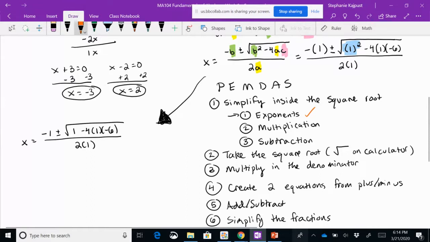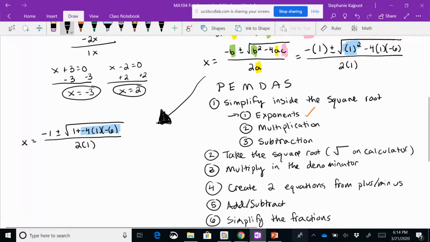Next is the multiplication, the 4 times 1 times -6. So this part right there. That minus in front, you can think of that as a -4. So what might be helpful is if you turn that minus as plus and negative, and then you're doing all of the multiplication using a -4. So we would have -4 times 1 times -6.